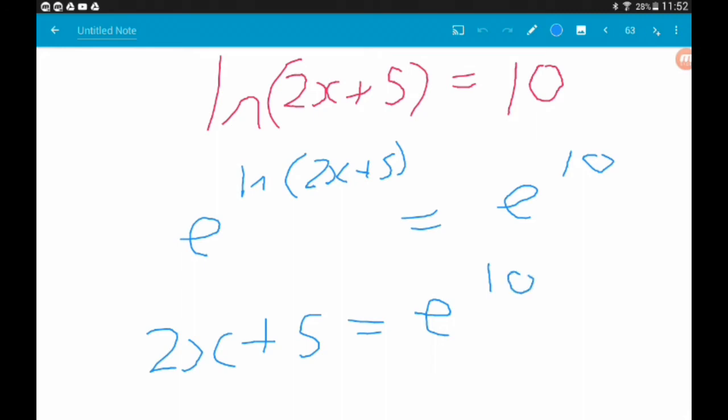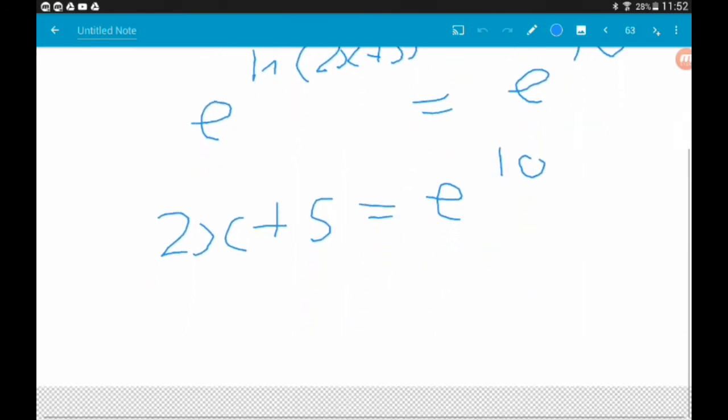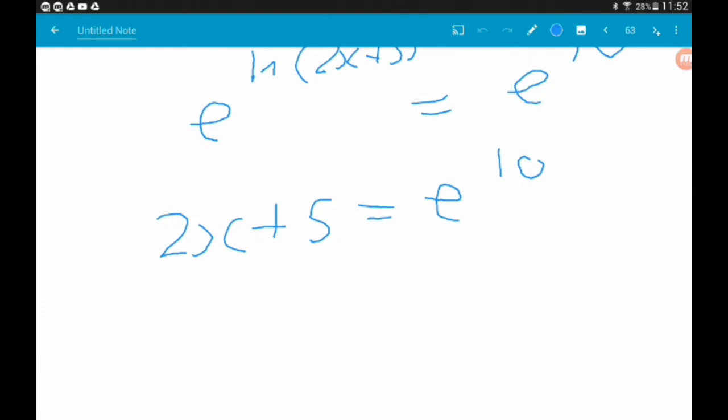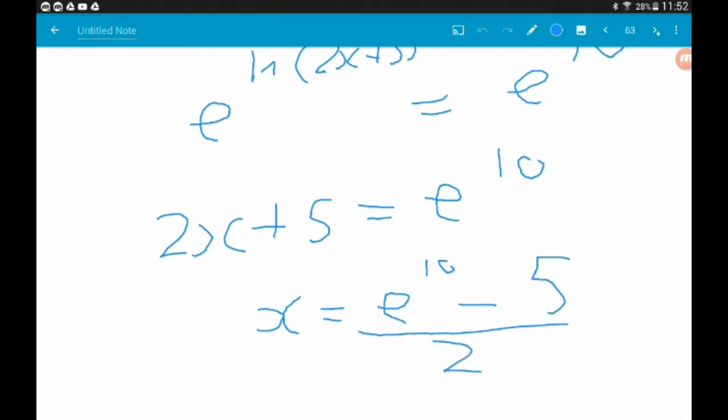And now we just solve for x. So take away 5 and divide by 2. We get x is e to the power 10 minus 5, all divided by 2.